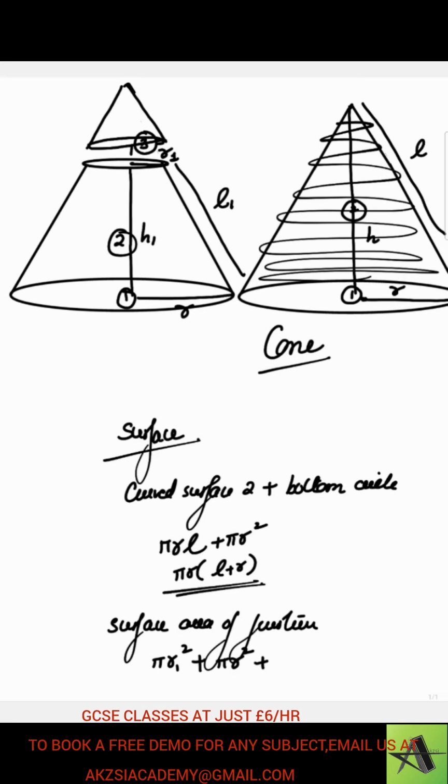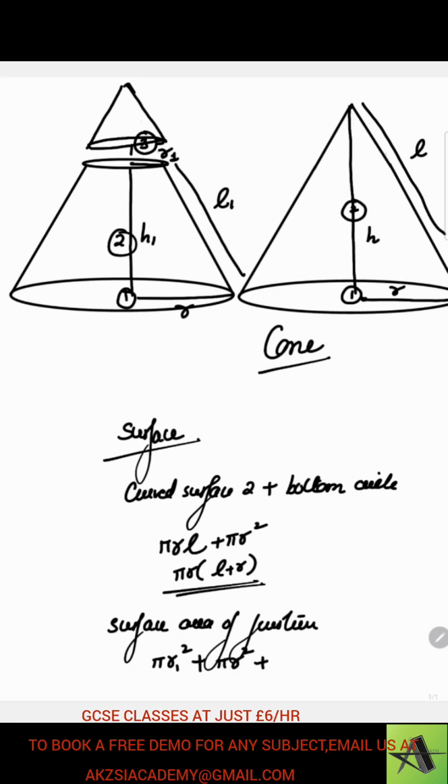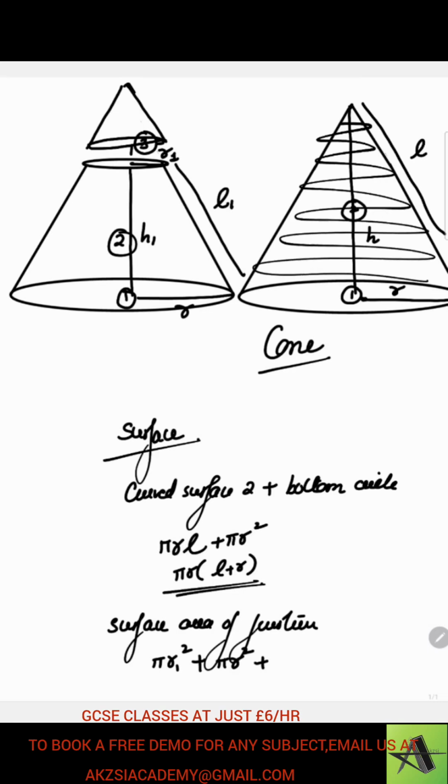So I calculate the area of this whole curved part, and I subtract the area of this curved part, because this is the smaller cone that I have cut down to make a frustum.